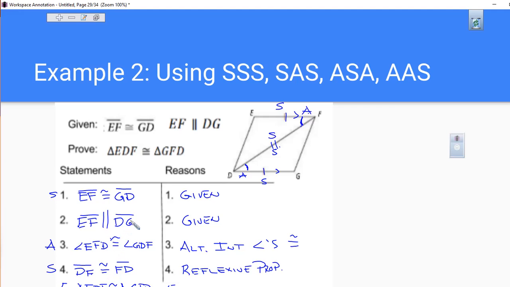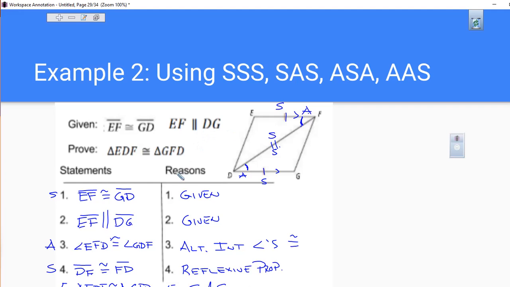If you ever get confused on what parts match up, you can always look at what you're trying to prove, and you can see what angles go together. So E goes with G, D goes with F, and F goes with D. So EDF is the triangle over here on the upper left. This is the lower right. And our reason here is going to be side, angle, and side.